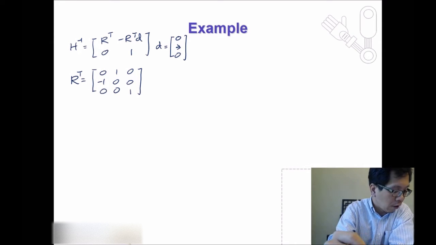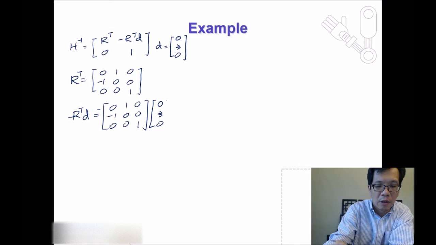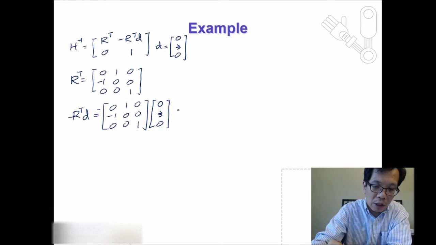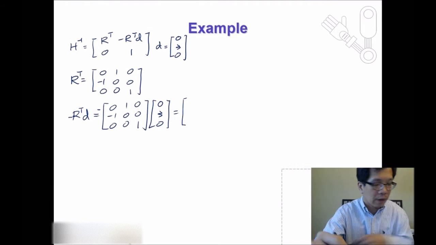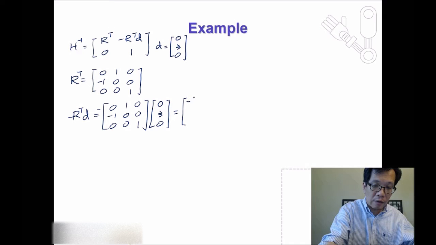So there are a few things that we might want to calculate before we start. One is R^T D with the negative in front of it. If you do the calculation over here, you're going to find this specific vector is going to give us -3, 0, 0.